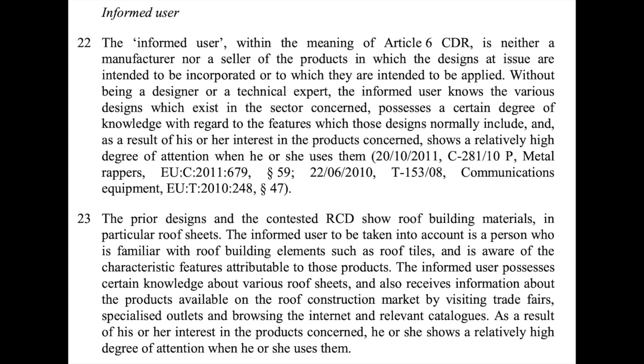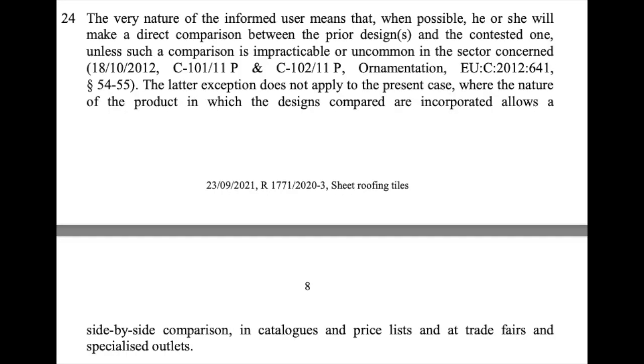And even more, in point 24, the Board of Appeal says that the informed user is put into a situation where he can compare one and the other, so both conflicting signs, he can see them side by side. That is very different from trademarks. Do you remember, in trademarks you have to think of the imperfect recollection when you think of one trademark and the other mark. So this was about the informed user.